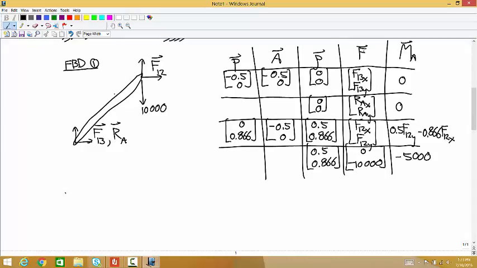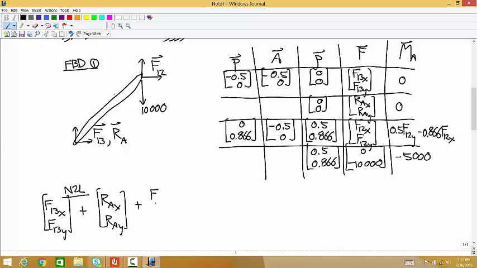So Newton's second law says F13x, F13y plus RAX, RAY plus F12x, F12y plus 0, negative 10,000 is equal to zeros.